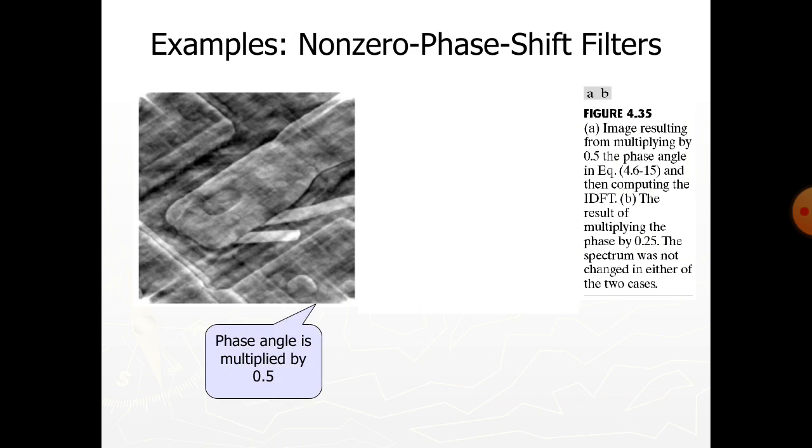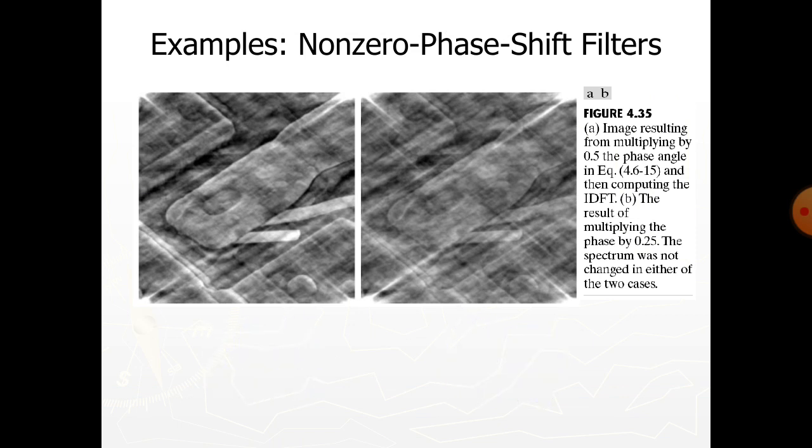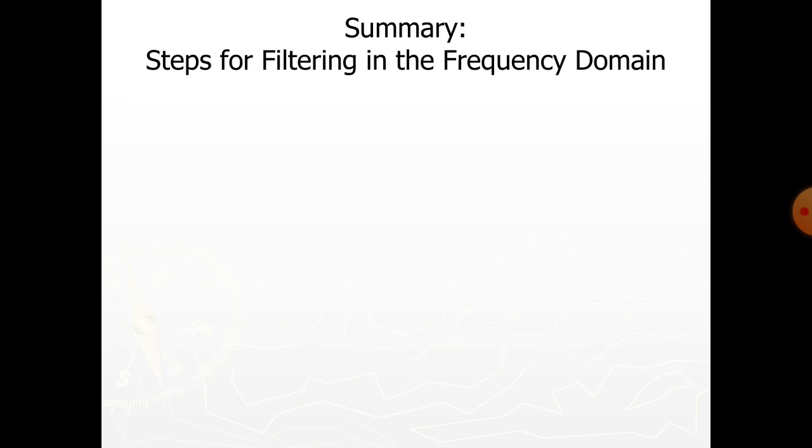So the phase angle is multiplied by 0.5 and the magnitude remains unchanged, but the intensity distribution is quite distorted. Figure B shows the result of multiplying the phase by 0.25. The image is almost unrecognizable. So small changes in the phase angle can have dramatic, usually undesirable, effects on the filtered output.